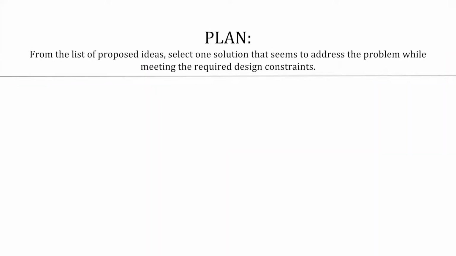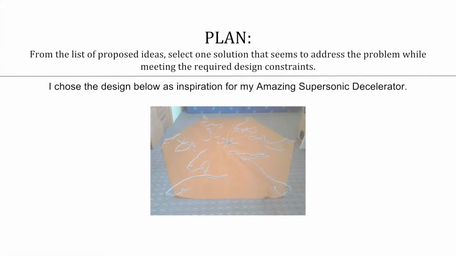The next step is to plan, and so I chose the design below as inspiration for my Amazing Supersonic Decelerator, as it addressed the problem while meeting the required design constraints, such as shape.